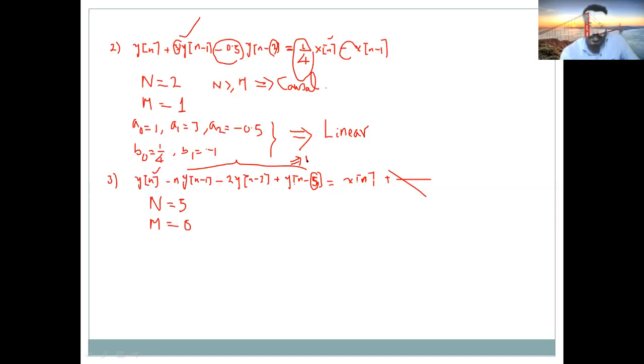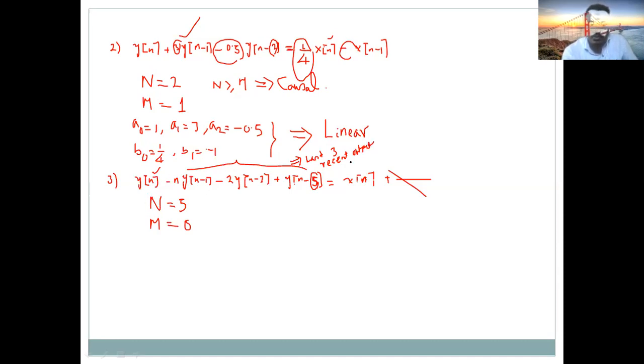So these are the last 3 recent outputs, right?